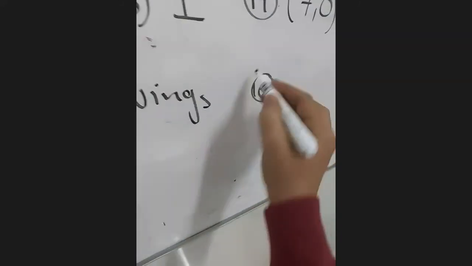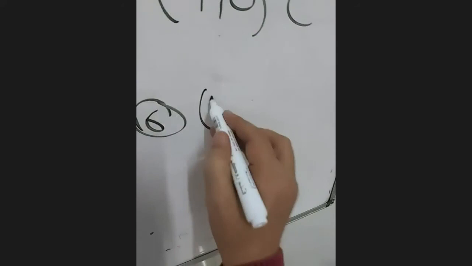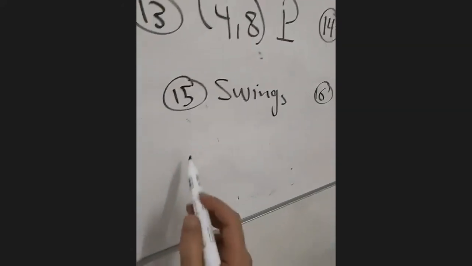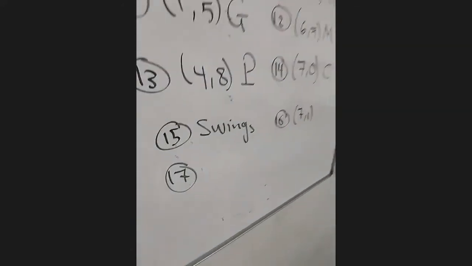Question 16. Copy, guys. Write the ordered pair for the sandbox. What's the ordered pair of the sandbox? 7 and 1, not 1 and 7. Excellent boy. Question 17. Suppose the coordinates of the water fountain were moved to the right 1 unit.